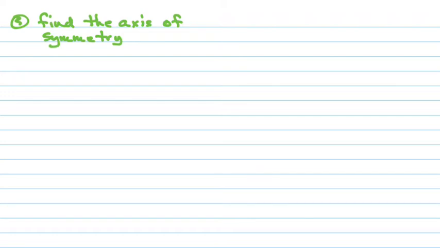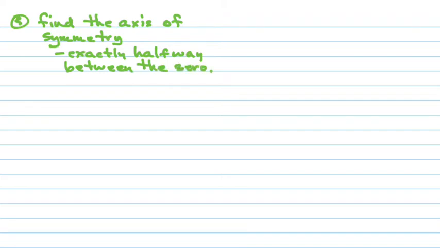And if you know the zeros, you know the axis, because it is exactly halfway between the zeros. So if your zeros are at 2 and 4, halfway between 2 and 4 is 3. So that's where your axis of symmetry is.